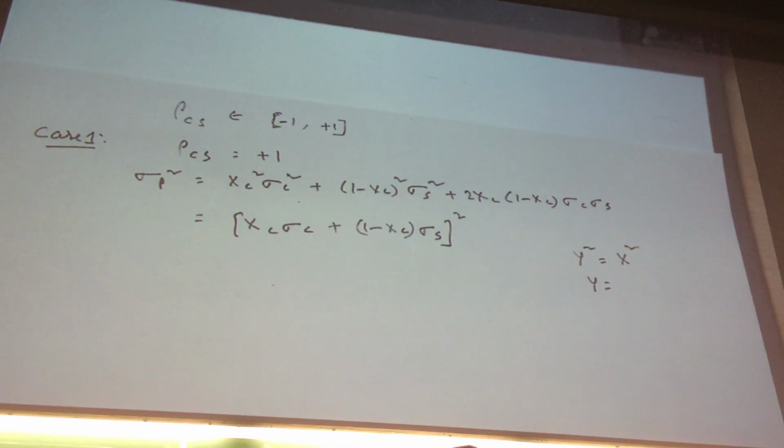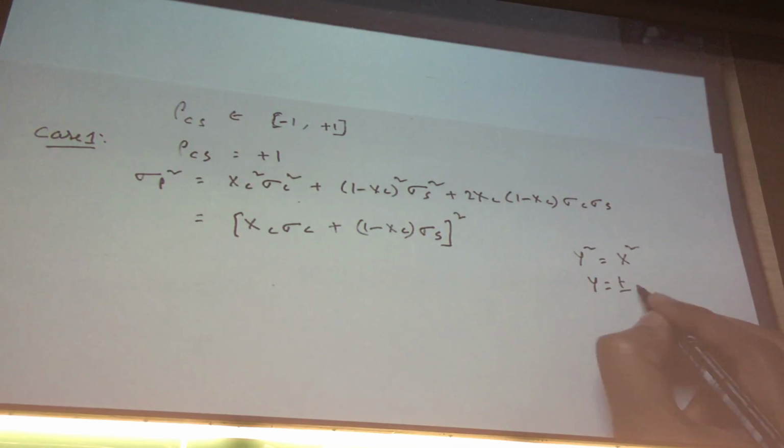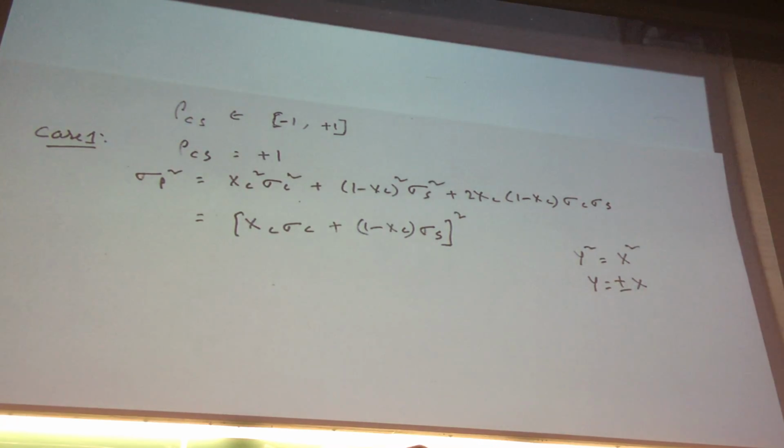Who said plus or minus? Absolute value. Okay. Any other option? Plus or minus x is the right answer. Okay?